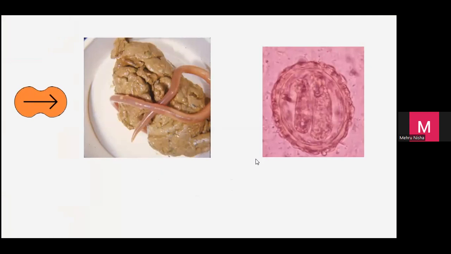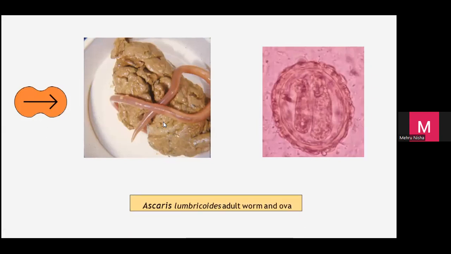Dia Permata Sari, what do you think this worm is? Is it a tapeworm? Yes, it's a worm. Yes, Umaira, what do you want to tell? Ascaris. Ascaris adult worm and ova.